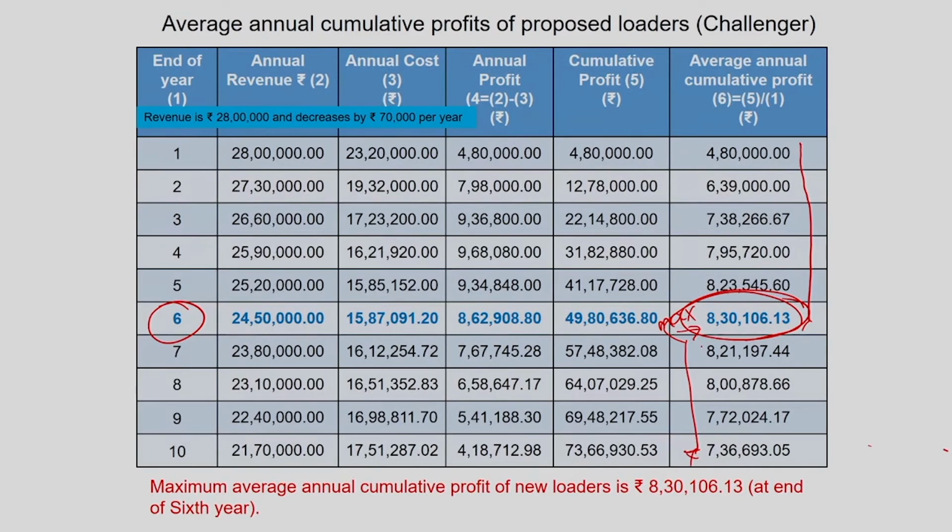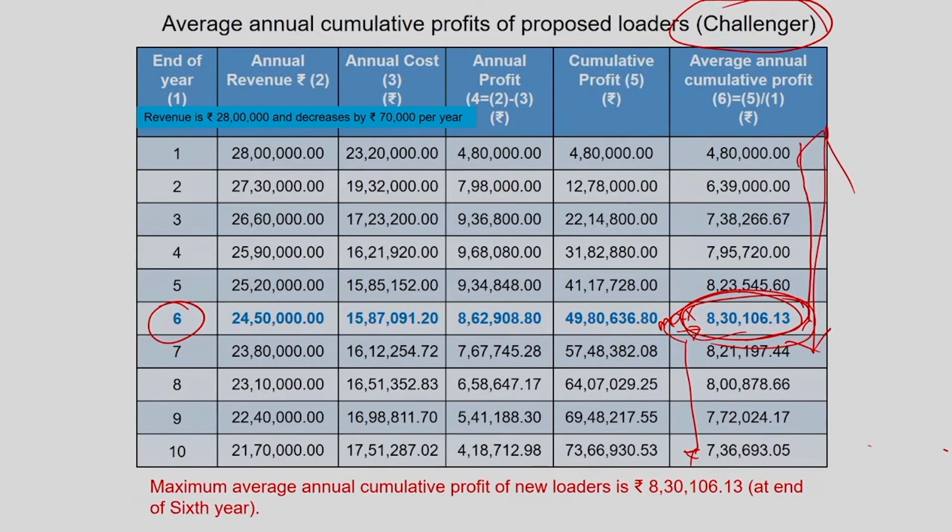Here it is 8,30,106.13. That means the profit is maximum for the challenger. So when you compare the maximum average annual cumulative profits, it justifies that your challenger is generating more profit. If you hold it for 6 years, you are able to realize a maximum profit of 8,30,000. So basically it is preferable to replace your old machine with a new machine. That is the decision.